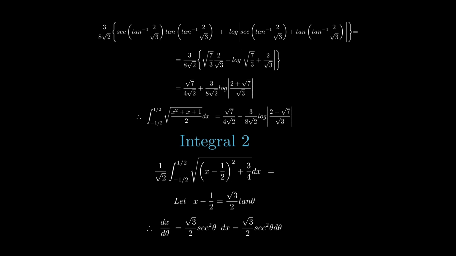Now replacing the x's with the thetas, and also looking at the limits. First of all, when x is equal to minus half, root 3 over 2 tan theta is equal to minus 1, and therefore tan theta is equal to negative 2 over root 3, and theta therefore is equal to negative arctangent 2 over root 3.